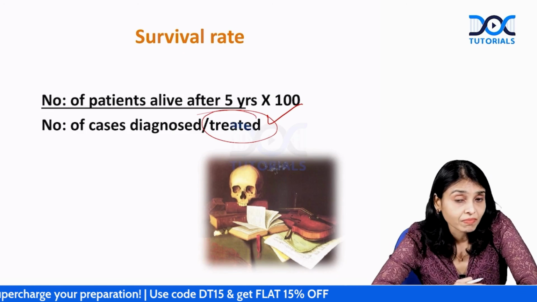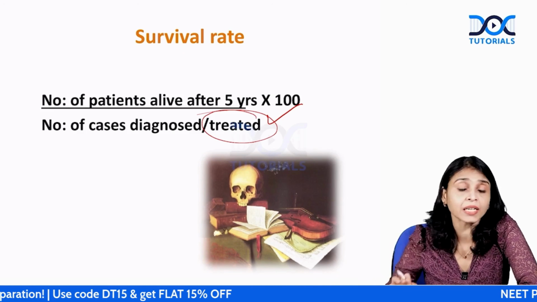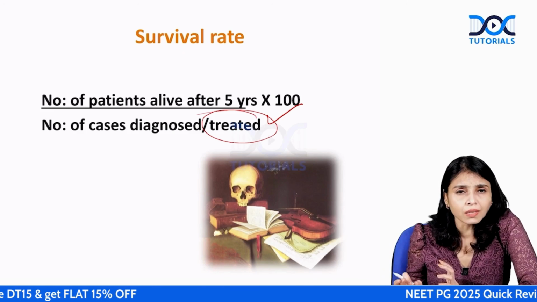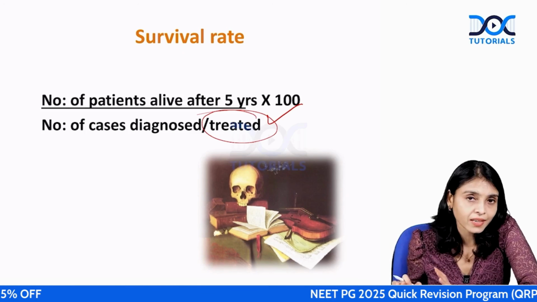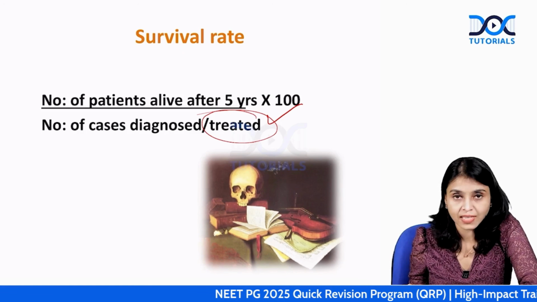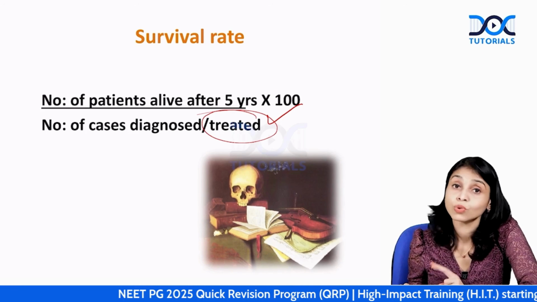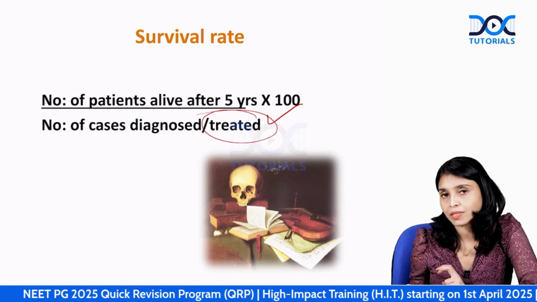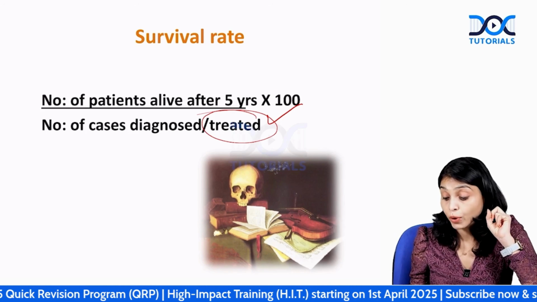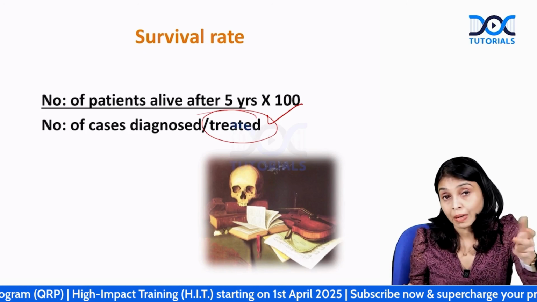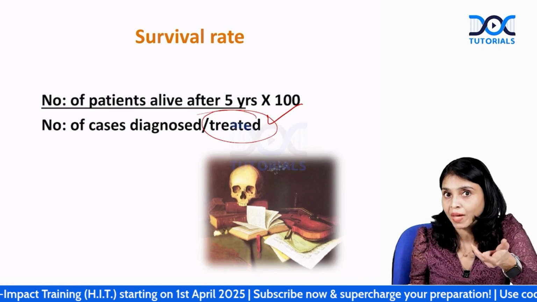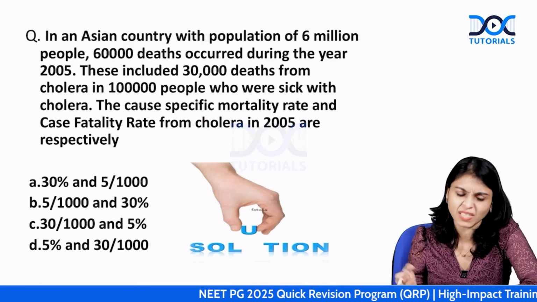So these are the mortality rates, and I'll show you a very tough question which came for one of the exams. Not once, twice, 2-3 times this question came. I'm showing you the tough question because whatever the rest that you may come across in the exam is going to be much simpler than this.